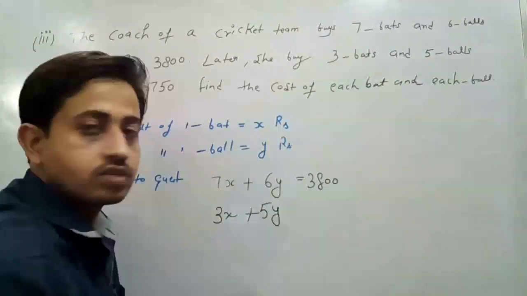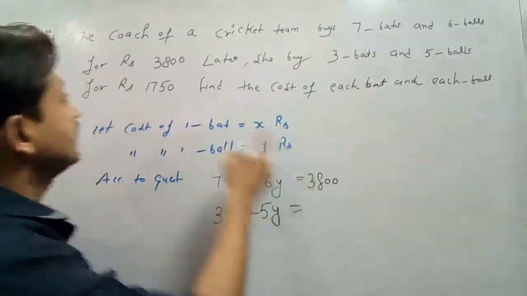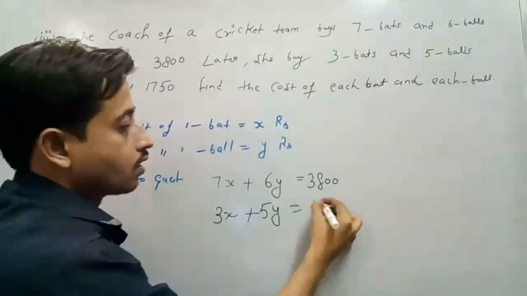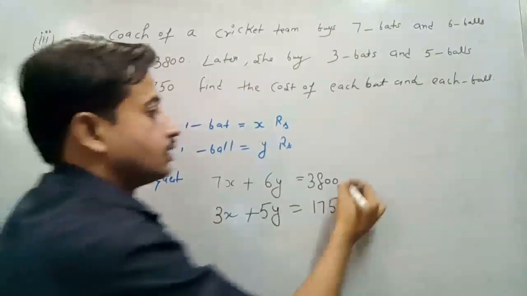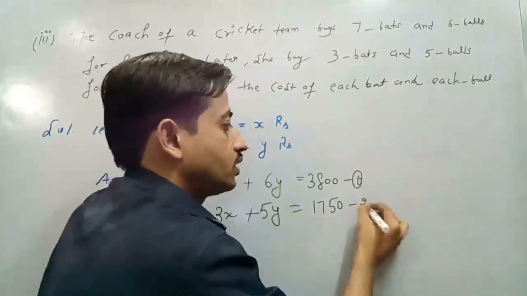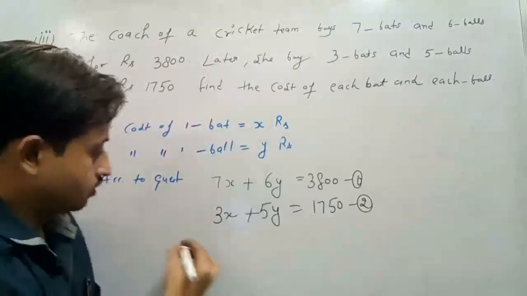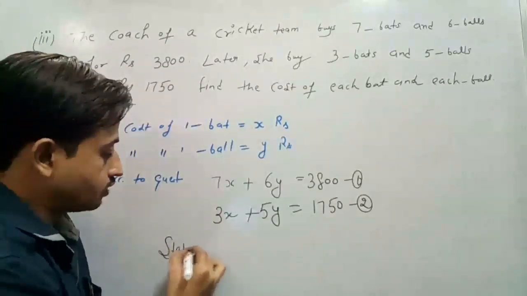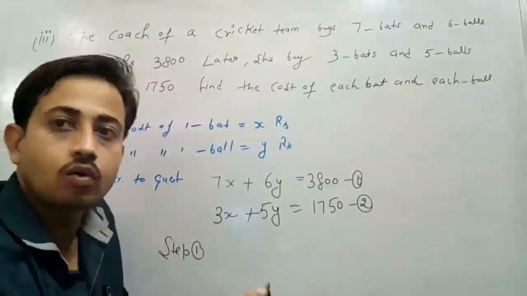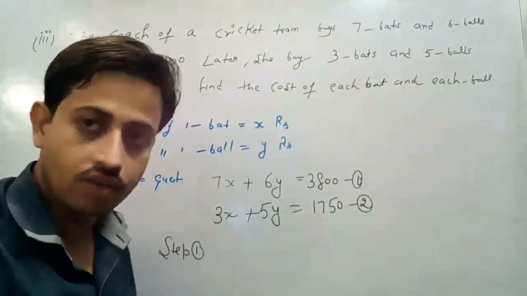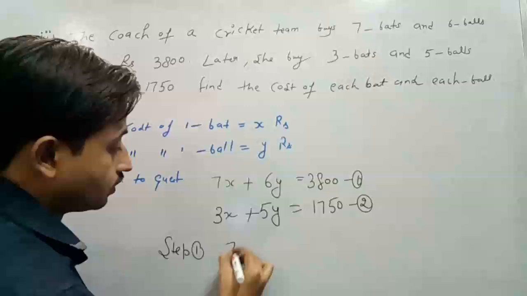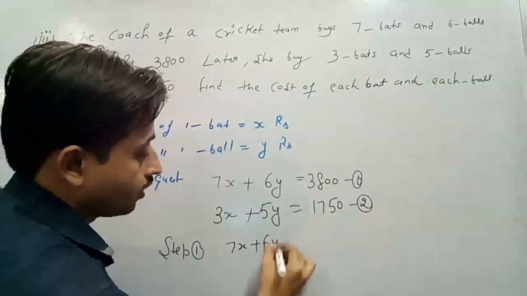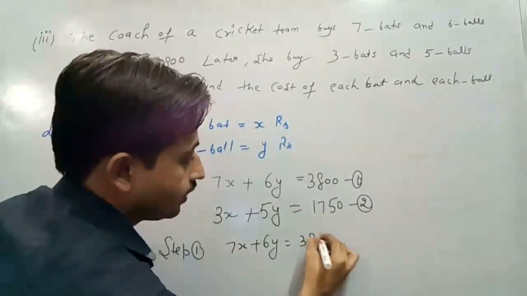Now the second case: later she buys 3 bats, so the total cost of bats is 3x, plus 5 balls. So the cost of balls is 5y, and she had to pay 1750. Now we have to solve. This is the first equation and this one is the second equation. So what is our step 1? We have to find the value of one variable. So take 7x plus 6y is equal to 3800.